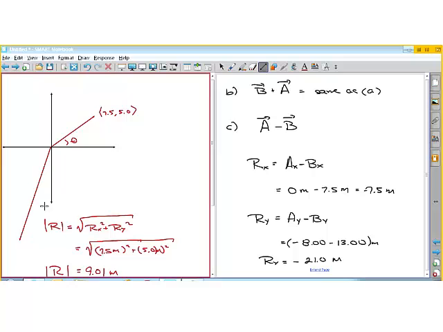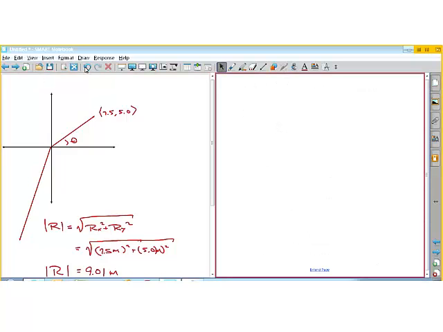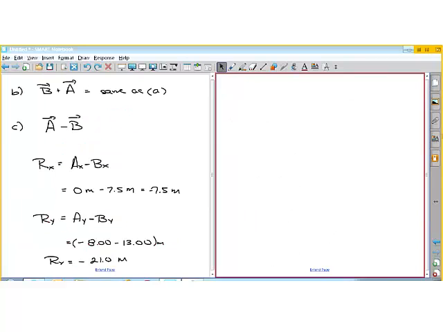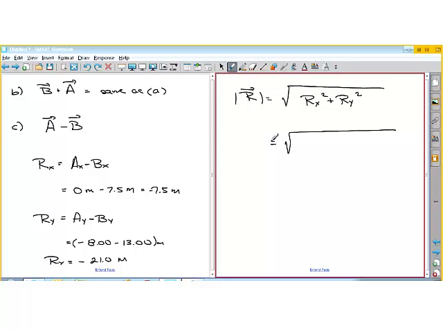And let's see if the angle they give is from the x-axis or not. Yes. Okay. Now to answer the question, what is the magnitude of the resultant vector in this case? We do the same thing as we did before. We take the square root of r sub x squared plus r sub y squared.